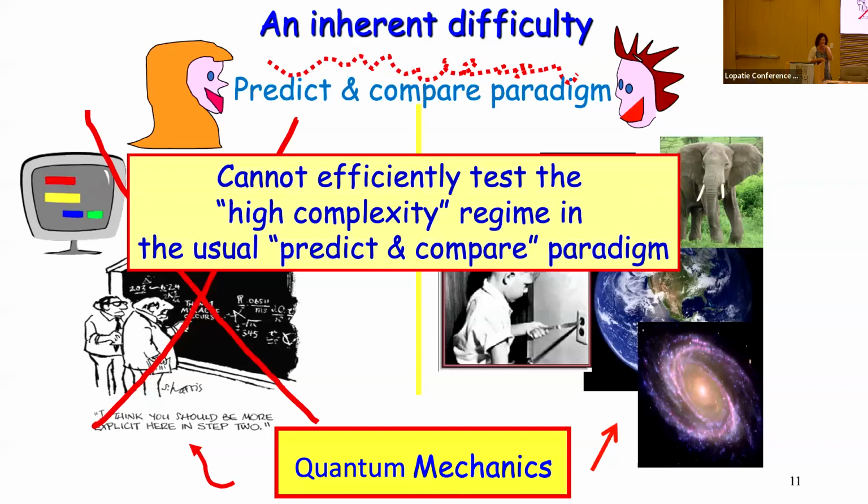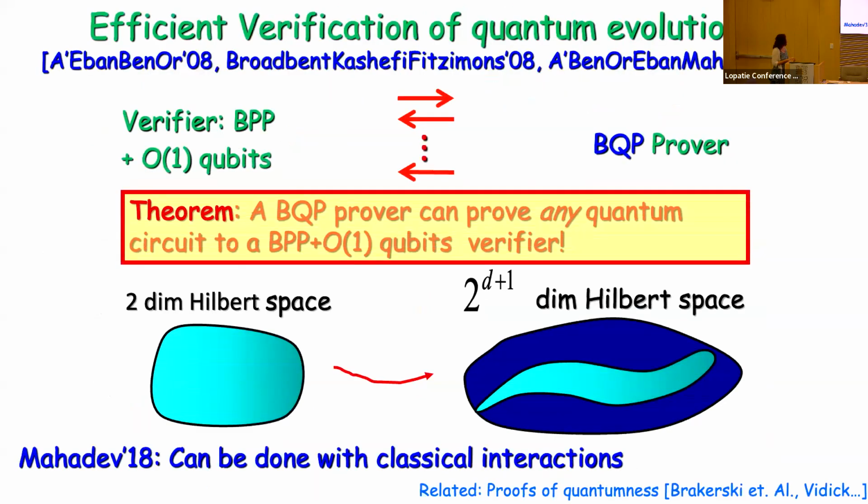So in the predict-and-compare paradigm, we cannot efficiently test the high complexity regime of quantum mechanics. And this has been a source for a lot of work in the past decade or more, including basically all the organizers of this day. And it has been resolved to a certain extent, meaning we now know, using interactive protocols, how to verify even evolutions in quantum mechanics that are extremely hard to predict.